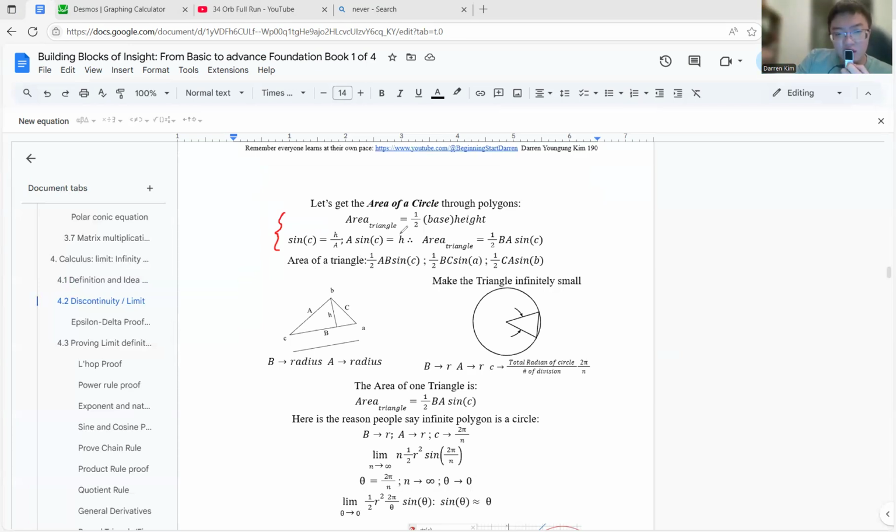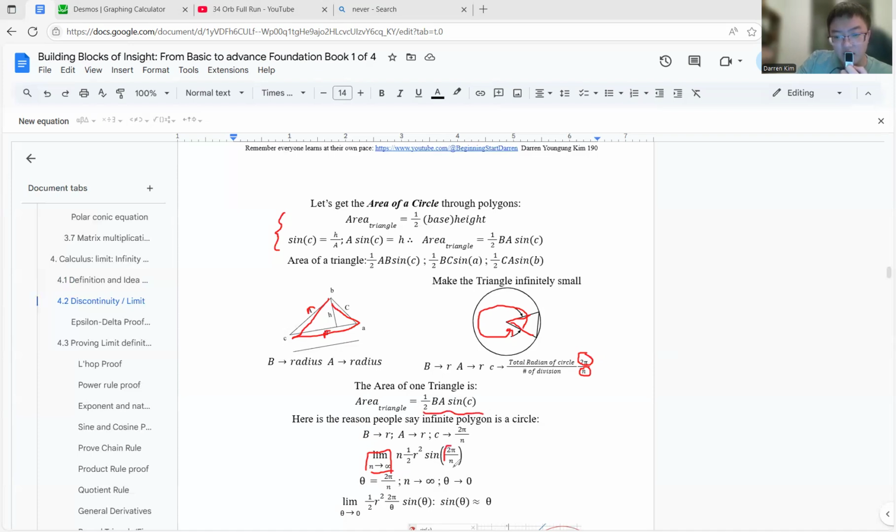Area of a circle. So here, as you can see, we have the classic go-to geometry, and you can figure this out. You realize that this can be R and R for a circle. And then after that, you realize the whole entire 360 degrees is 2 pi, and then you divide by n to make it infinitely small, because n is going to be the thing that we take the limit of over here. So that means that we have the equation of a triangle.